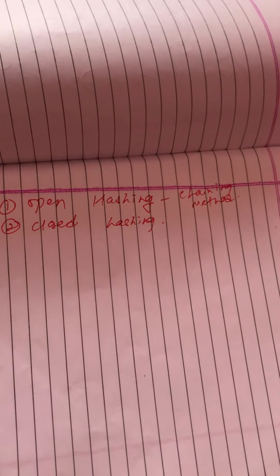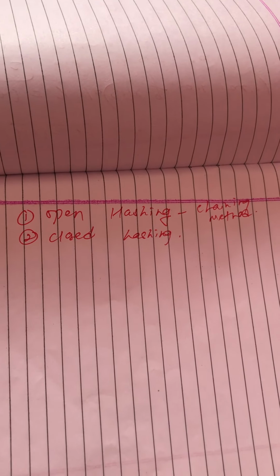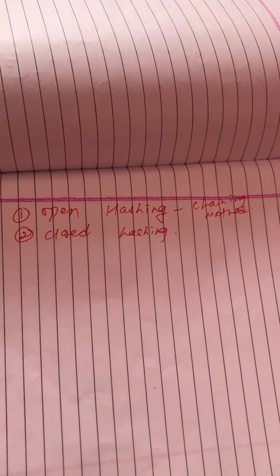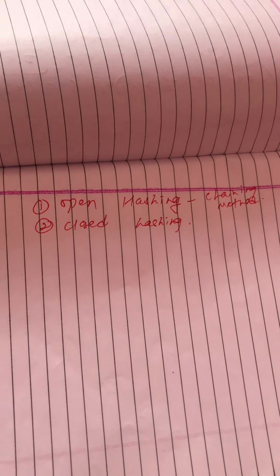In open hashing, we can use the chaining method. In the chaining method, the hash function is the same. In this case, we do not store the element in the hash table itself, but we add a new chain, and in that chain we insert the element. A chain is nothing but a linked list.